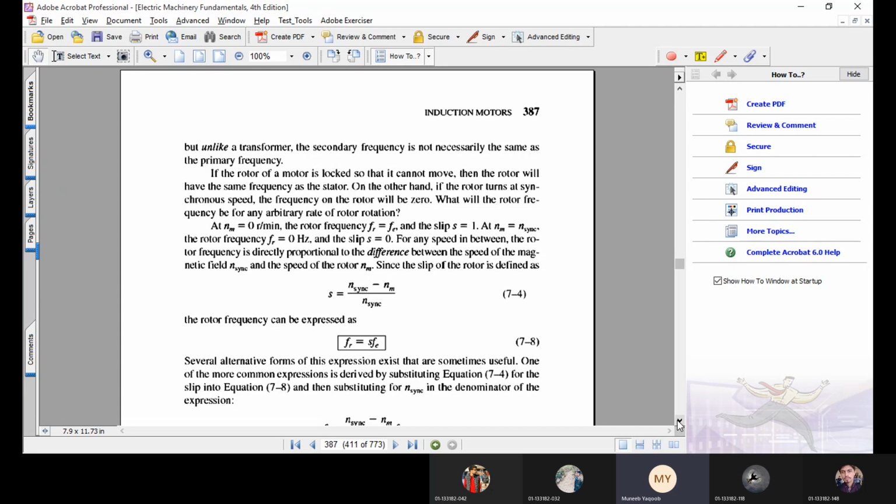Therefore, the rotor frequency basically depends upon slip. At start, slip is maximum, so rotor frequency is maximum. At synchronous speed, slip is zero and rotor frequency is zero.